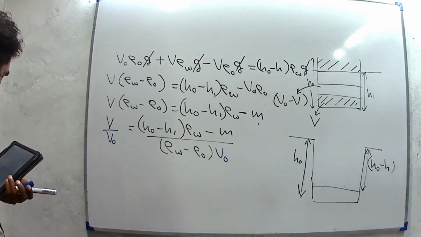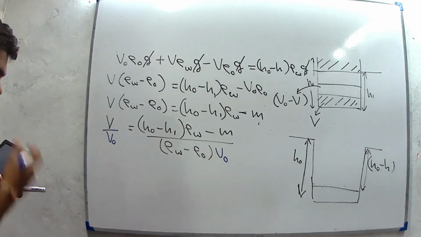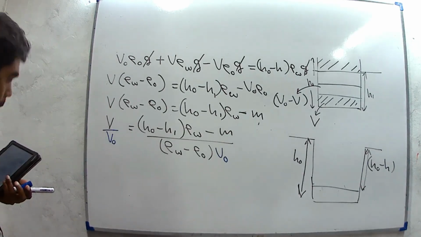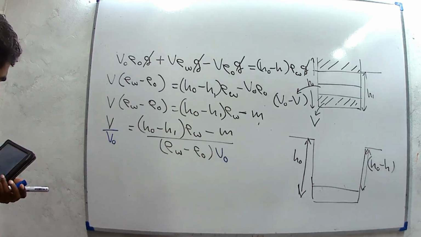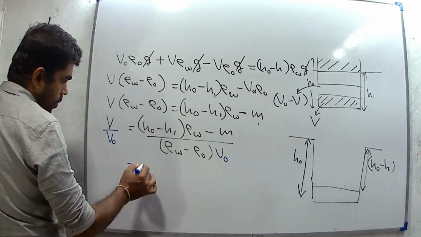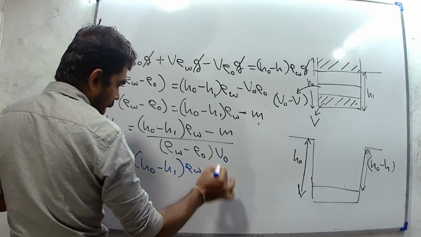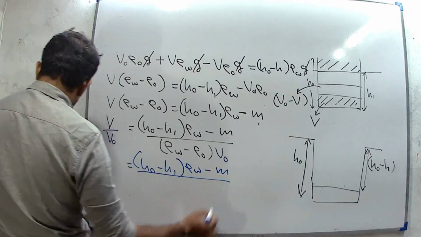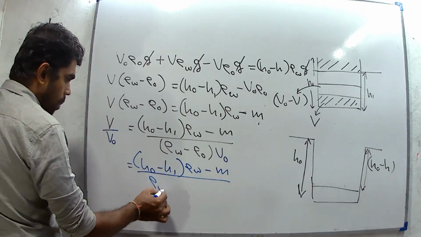V0 is the initial oil volume. They have given mass: h0 minus h1 rho W minus small m, divided by rho W minus rho naught.